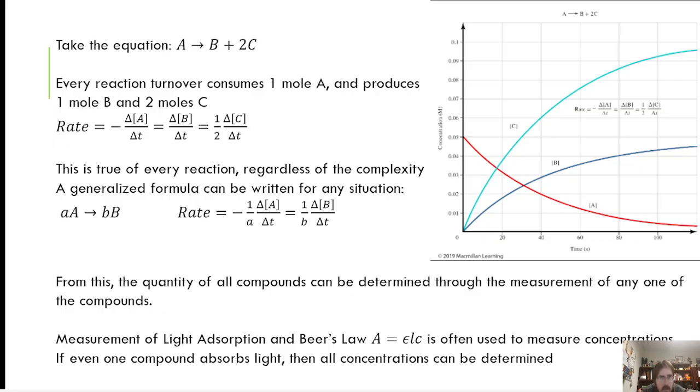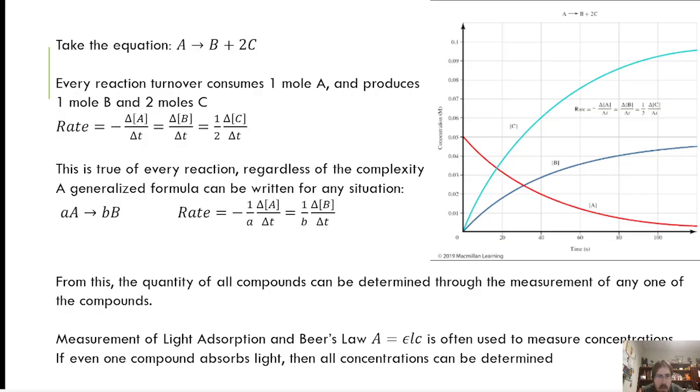But B is half as fast as C. So if C was, let's say, almost 0.04 for every 20 seconds, B would be almost 0.02 for every 20 seconds. A decreases by about 0.02 for every 20 seconds.